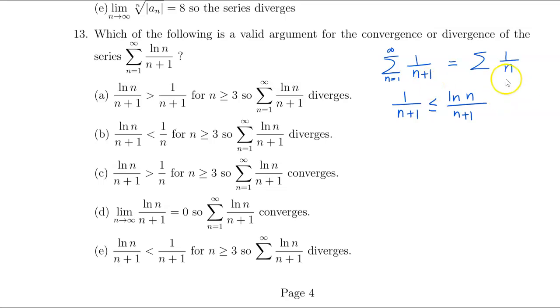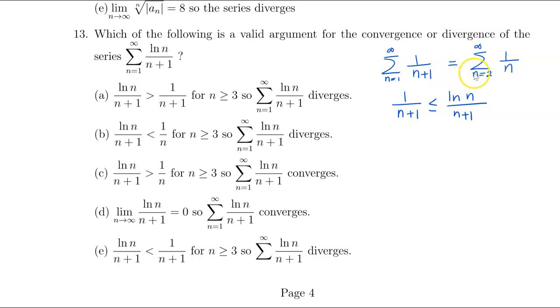So by reindexing this, notice that from n plus 1 you want it to be n. So that means you subtracted 1 here to make it n. So if you subtract 1 here, then you would have to add 1 to the limits of your summation. So you would have n equals 2 to infinity.